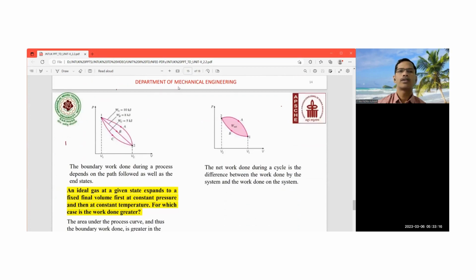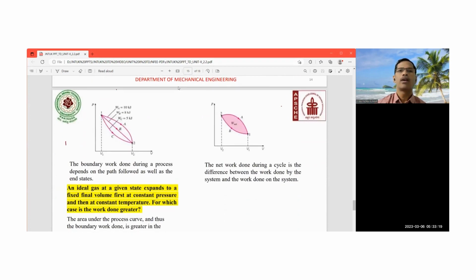Another thing to understand is that when a system changes from state 1 to state 2 following path A, the work output is 10 kilojoules. Following path B, the work output is 8 kilojoules. Following path C, the work output is 5 kilojoules.